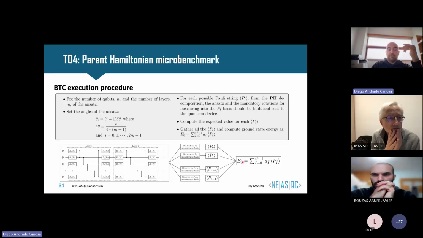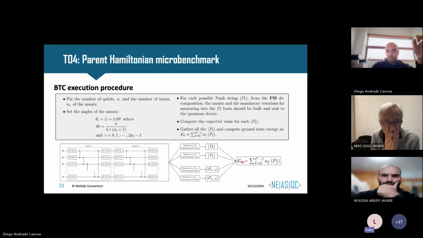No, the technique of the parent Hamiltonian, which is a well-known technique in physics, is supposed to generate the parent Hamiltonian whose decomposition in Pauli strings is going to produce the energy zero. I don't know if this answers your question.